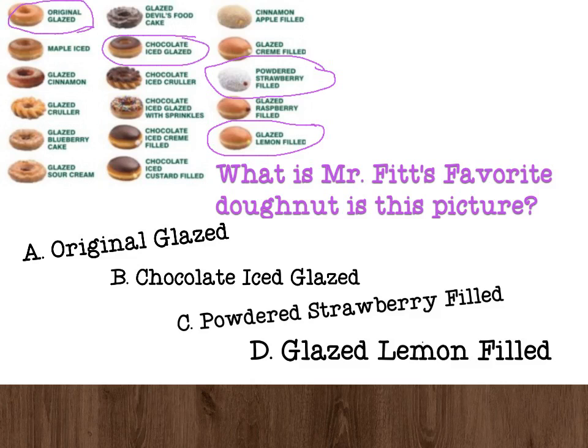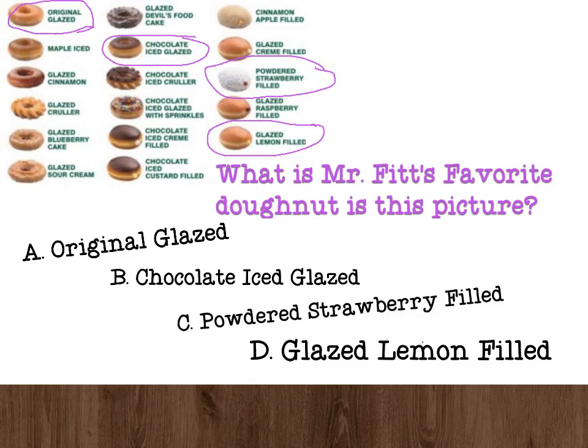Okay, raise your hand if you think it's A. Raise your hand if you think it's B. Raise your hand if you think it's C. And raise your hand if you think it's D. Alright. Well, how about before I tell you my favorite, let's figure out what your favorite is.